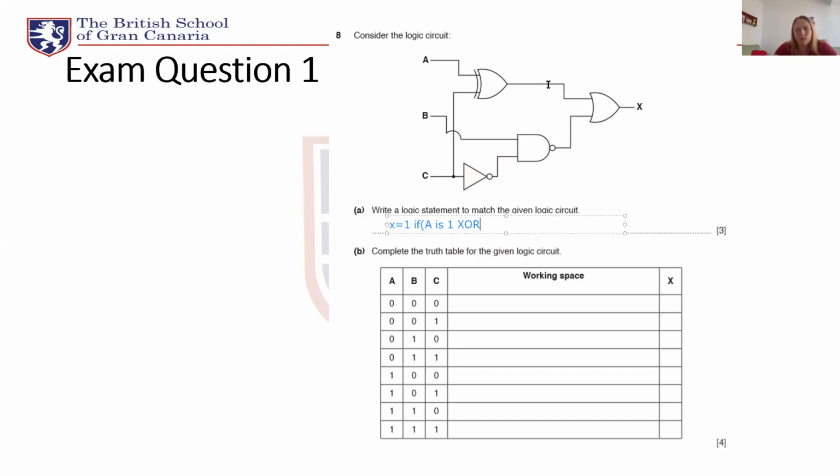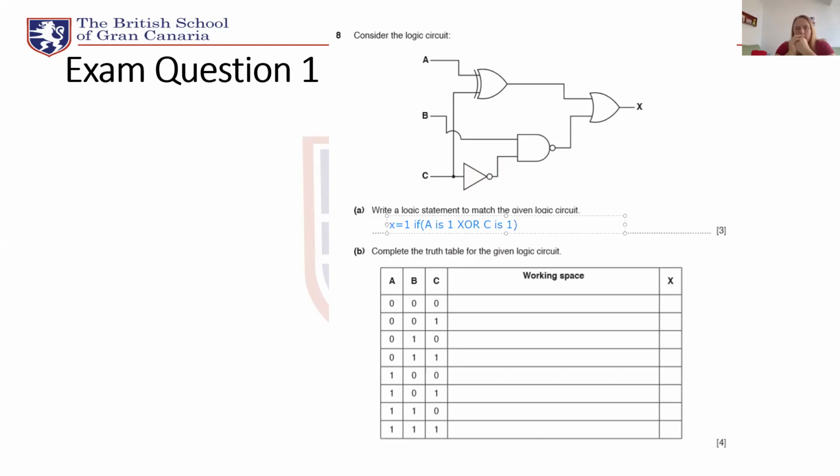No, I apologise, it's got 2 inputs. So A is going into the exclusive OR gate, and the second input is C, or if C is 1. There we go. So we've got that.